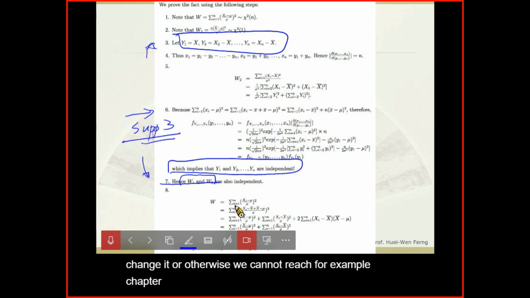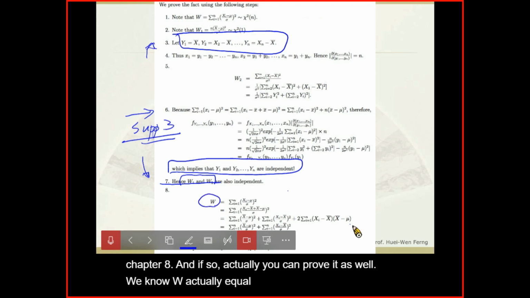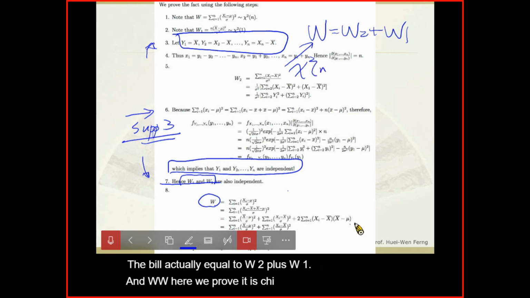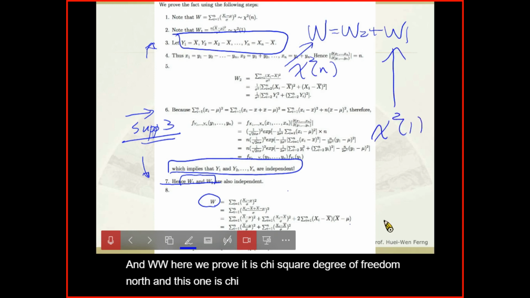And if so, actually, you can prove it as well. We know W actually equals this. W actually equals W2 plus W1. And W here, we proved it's chi-square, degree of freedom n. And this one is chi-square, degree of freedom 1.